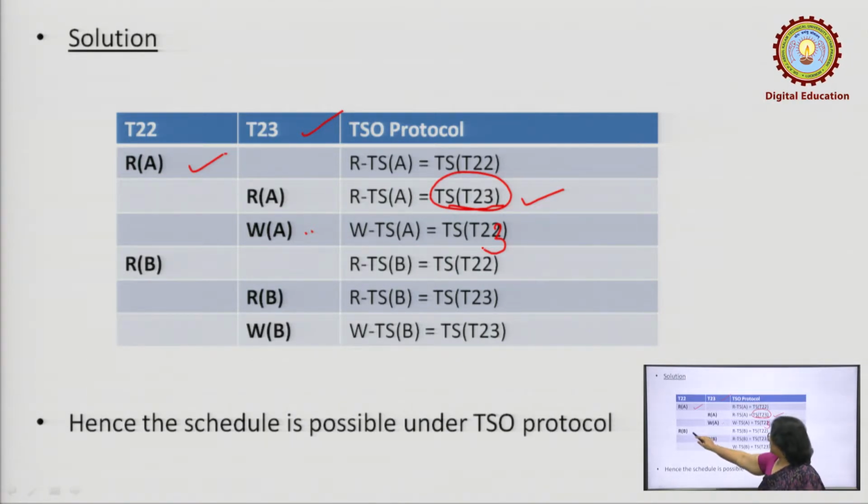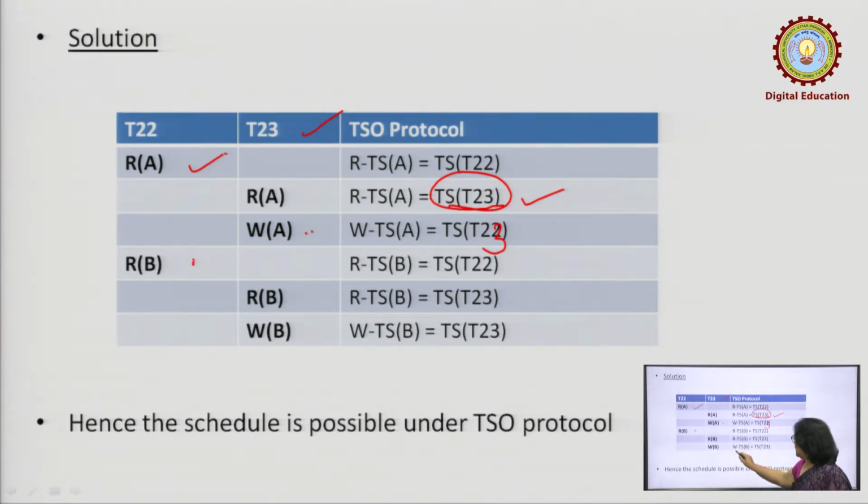Now, read B is okay over here and the read timestamp of B is set to the timestamp of the transaction T22. Read B again is fine. The read timestamp is set to the timestamp of the transaction T23.